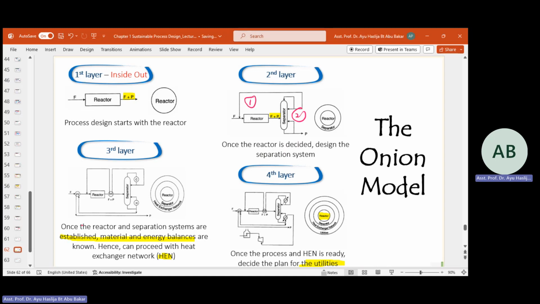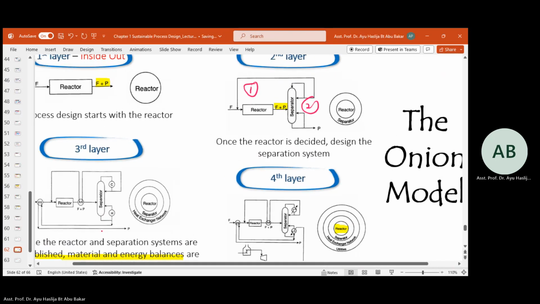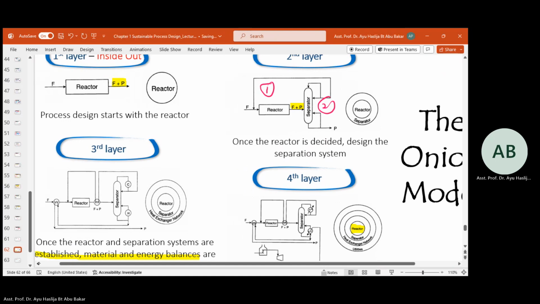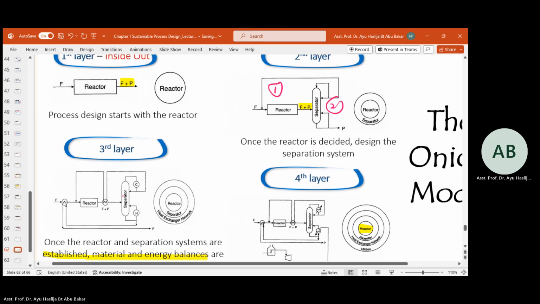Okay, then once the reactor and separation system are identified, you need to proceed with the heat exchanger network. Because for the reactor, you must have certain conditions, perhaps at high temperature. So the effluent stream must be at high temperature.